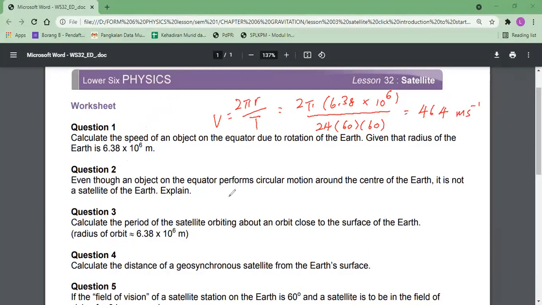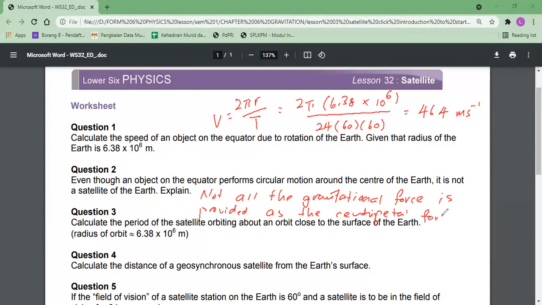Why? That is because not all the gravitational force is provided as the centripetal force.